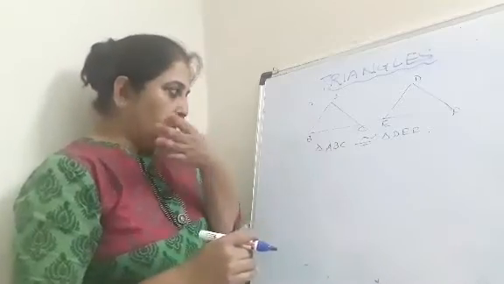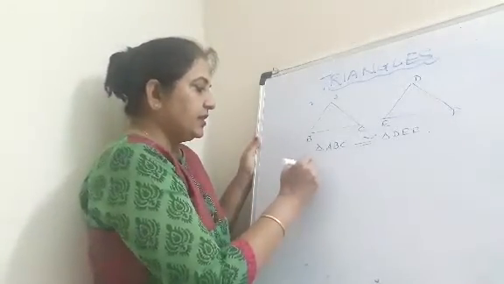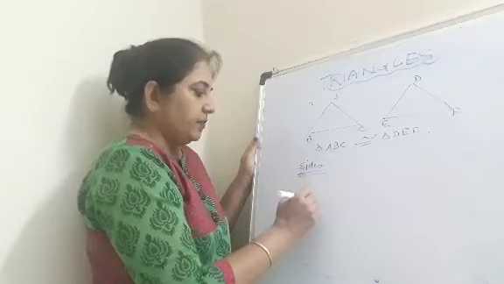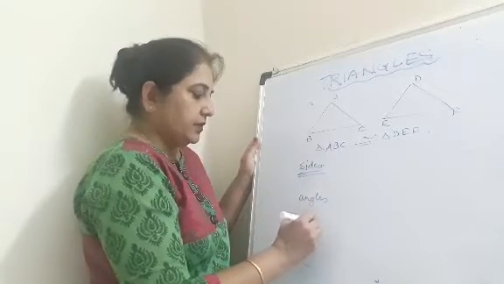What is the meaning of the corresponding parts? Let us begin with the sides, then angles, and then vertices.